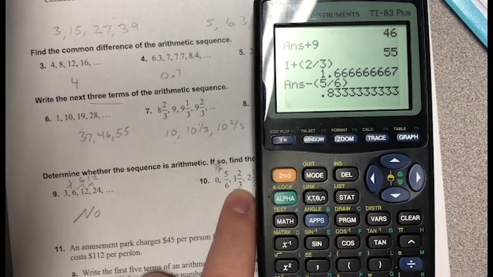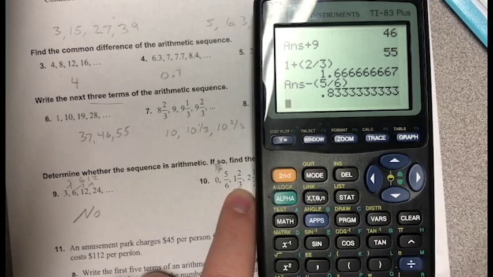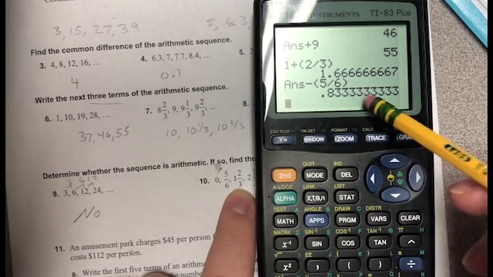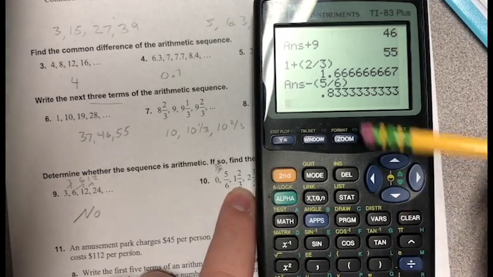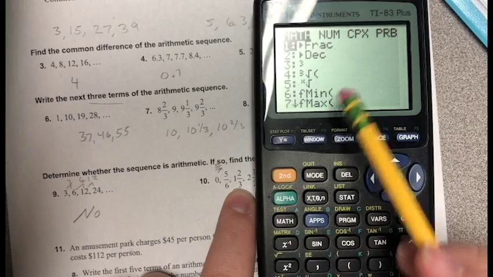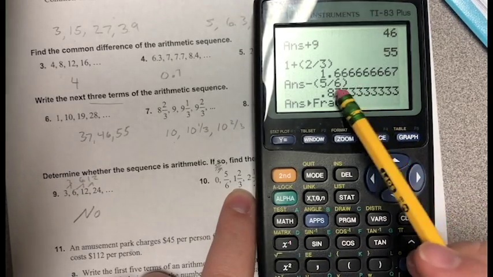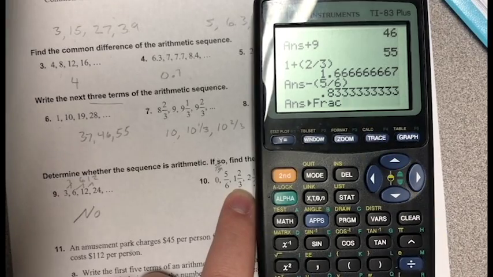I get this weird number, but is that the same thing as the other one? Well, what we have to do now is change this into a fraction we understand. So we can go to what's called the Math button, and then it says fraction. So I'm going to hit enter, and it's going to take that decimal and turn it into a fraction for me, and it gives me 5/6.